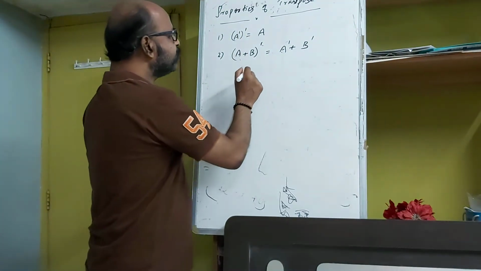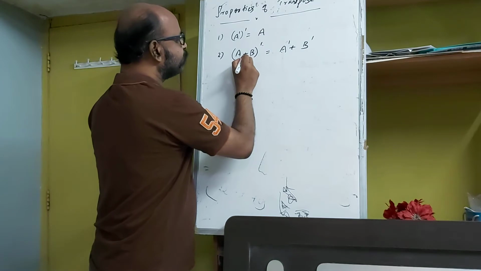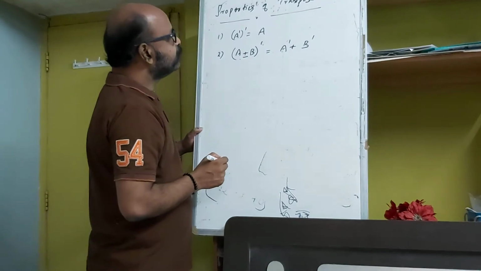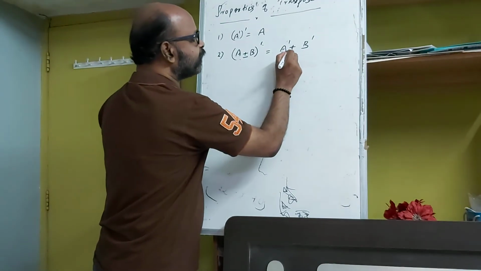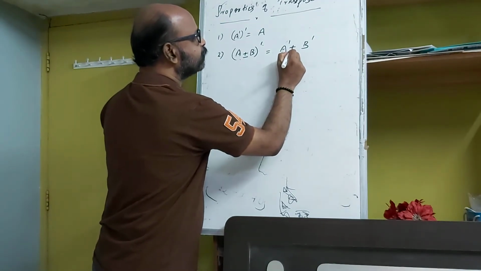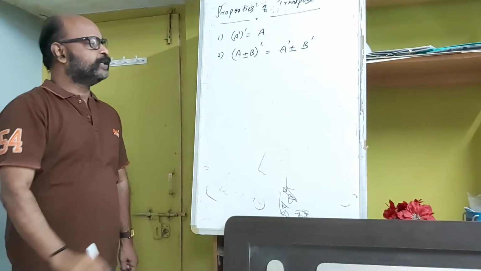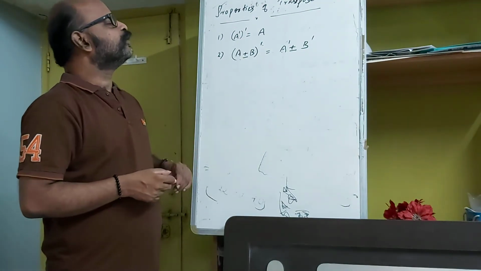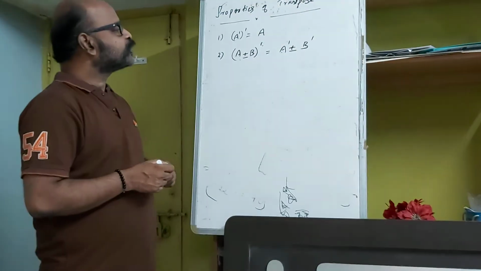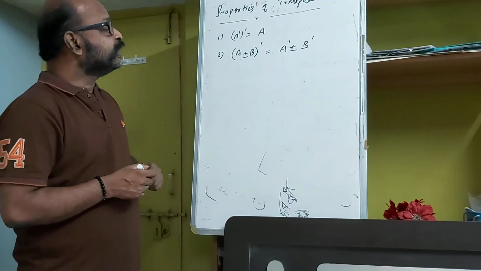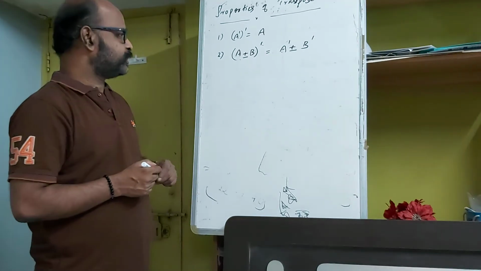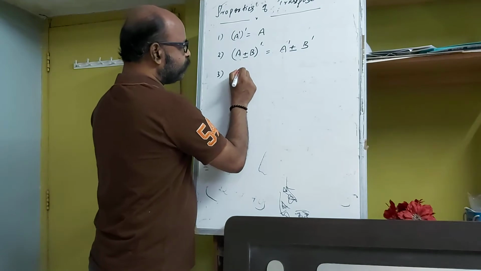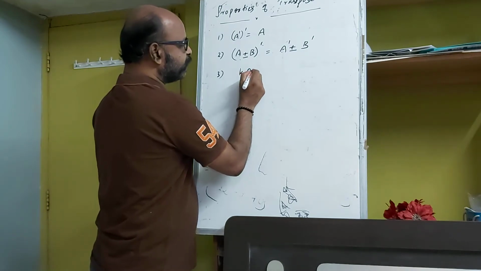And instead of addition, if subtraction is coming, then A minus B the whole transpose equals A transpose minus B transpose. Clear? So transpose of a sum equals sum of the transposes, or transpose of a difference is equal to difference of the transposes.